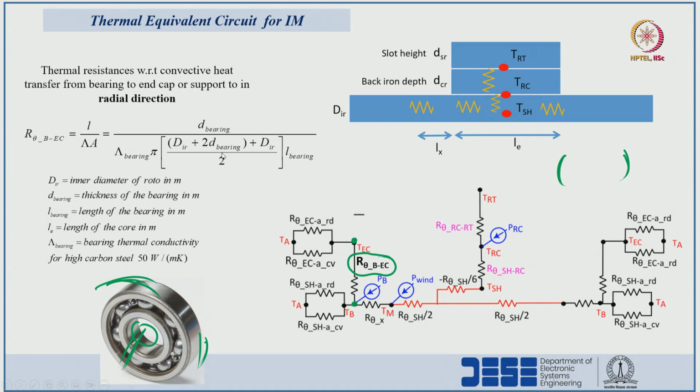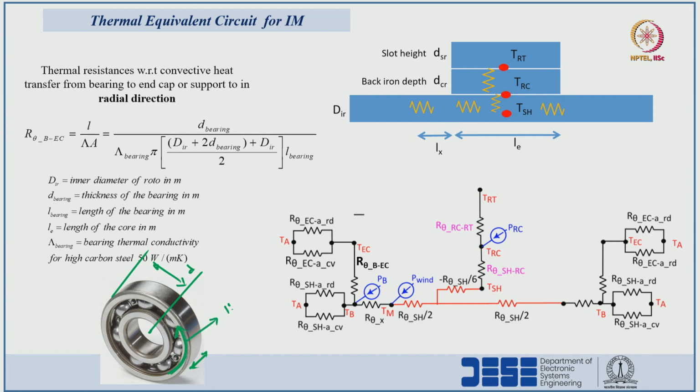Again, the thickness of the bearing is nothing but from this point to this point, the center point in radial direction, that is this line to this line, represents the thickness of the bearing, that is D. In order to calculate the area for heat transfer in radial direction, length with respect to the x axis, length with respect to the y axis is this one.